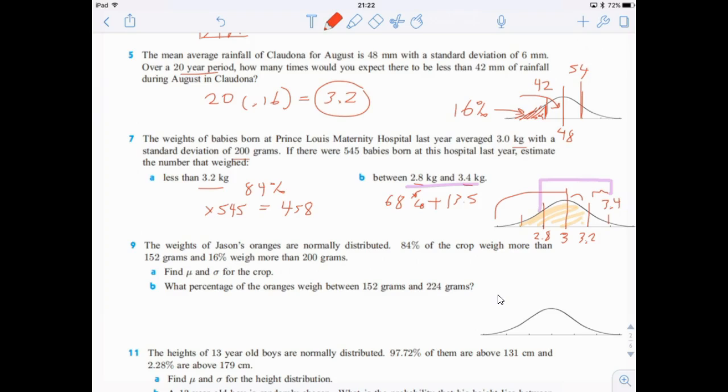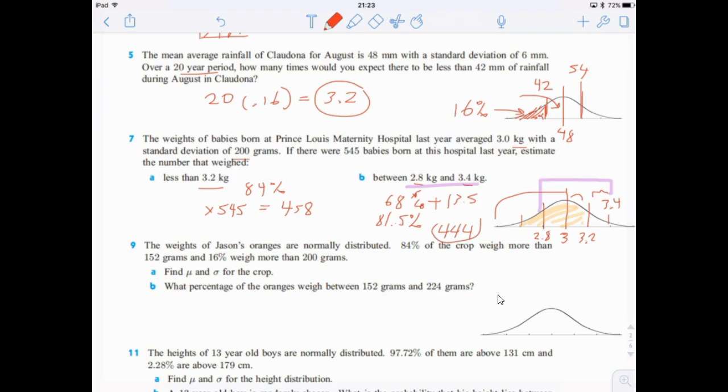So we know it's 68 plus 13.5, which is 81.5%. And we know that it's times 545 babies. It's going to give us 444 babies.